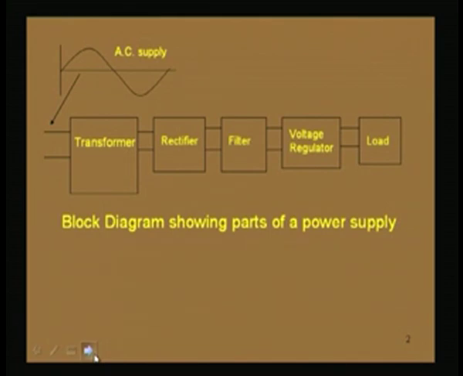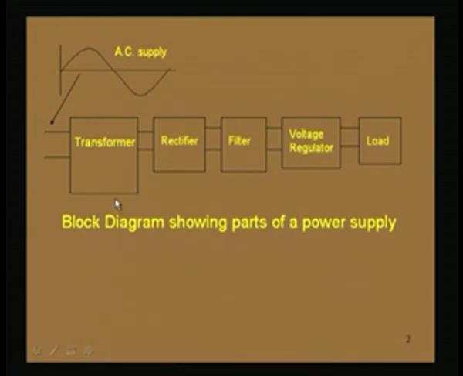If you consider it in block diagram form, the first stage is the transformer. This transformer gets the AC supply from the power supply at the rated frequency, and in our household devices we have AC supply at 50 hertz.